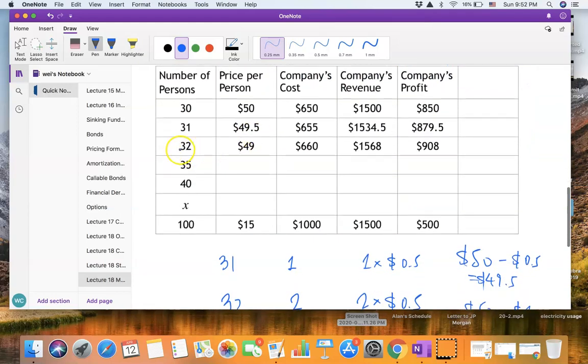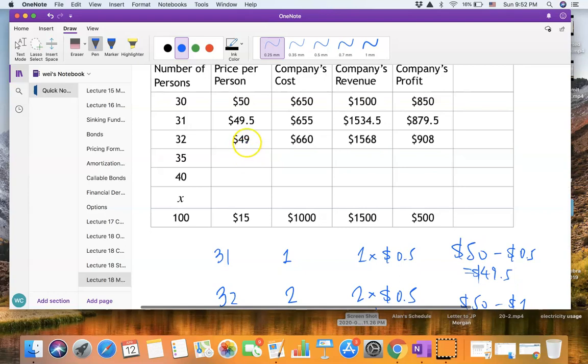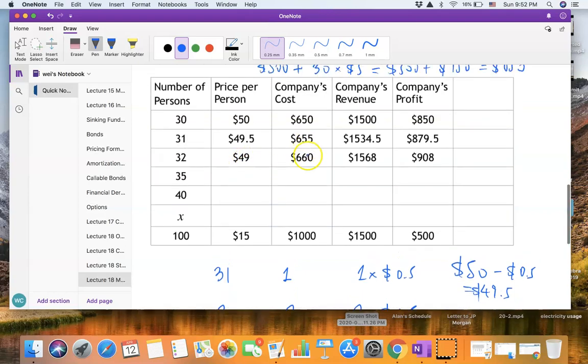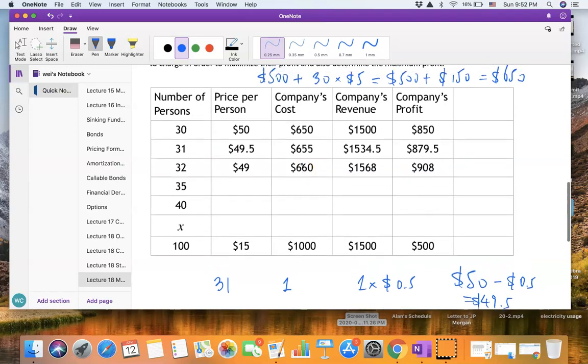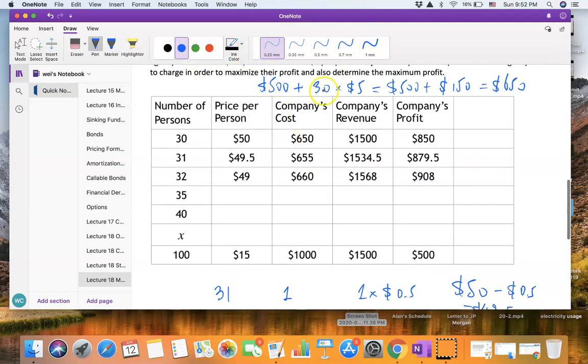And when there are 32 people, we just saw the price now is 49, and now the cost is 660 because now we have 32 people coming.